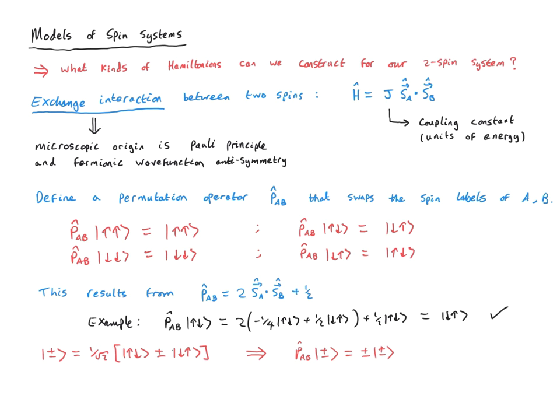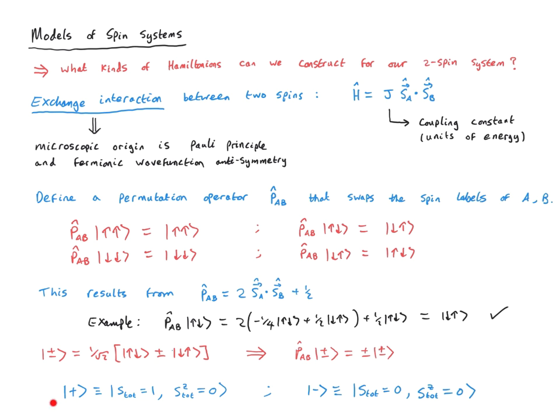So the plus state is symmetric with respect to exchange of spin labels A and B, whereas the minus state is antisymmetric. So a Hamiltonian of this form, which is referred to as the Heisenberg exchange Hamiltonian, would give different energies for the plus and minus states, because they have different symmetries under exchange of particles. That's because the Heisenberg Hamiltonian here is related to the permutation operator. States that behave differently under the permutation PAB will pick up different energies in this Hamiltonian.